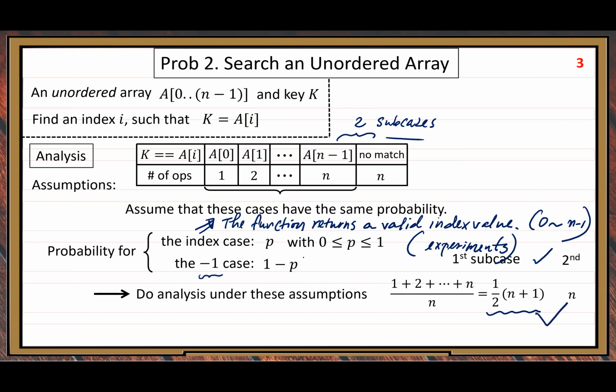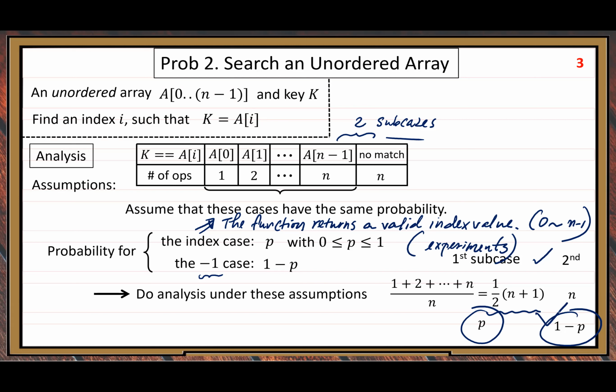These two probability numbers. So let's look at the combination of these two subcases. Here for the first subcase, the probability equals P. The second subcase, probability equals 1 minus P. Now, how do we understand these two probability numbers?